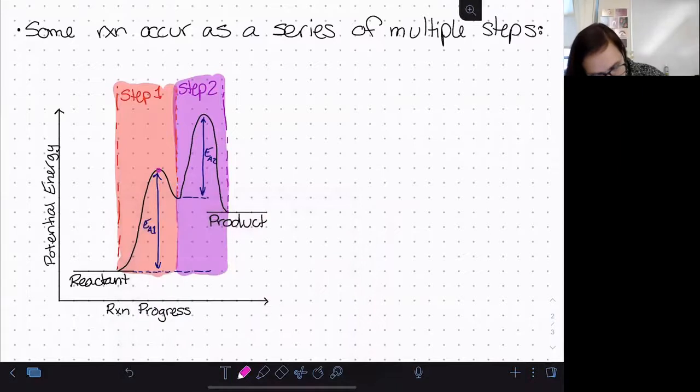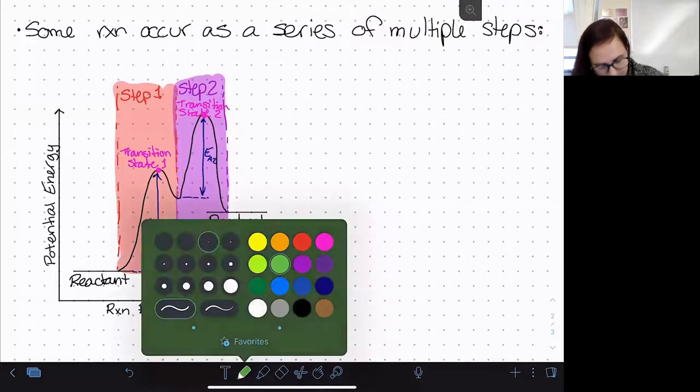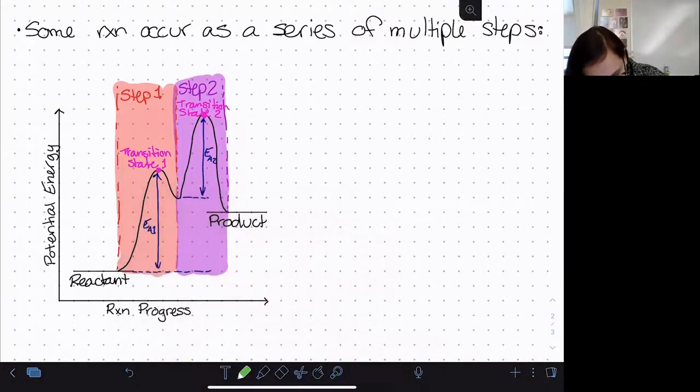Each of these steps has its own transition state. So we have the transition state for step 1, we have the transition state for step 2. We can still assess our delta H for the reaction overall.